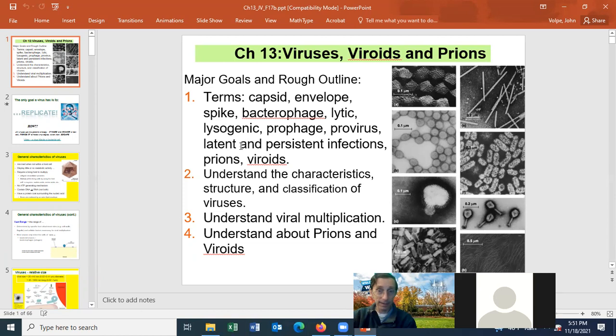What's a latent life cycle, a persistent infection life cycle? What's a prion and what's a viroid? Understand the characteristics of viruses, their structure, and their classification. Understand viral multiplication. And then lastly, understand about prions and viroids. Any question about any of that?